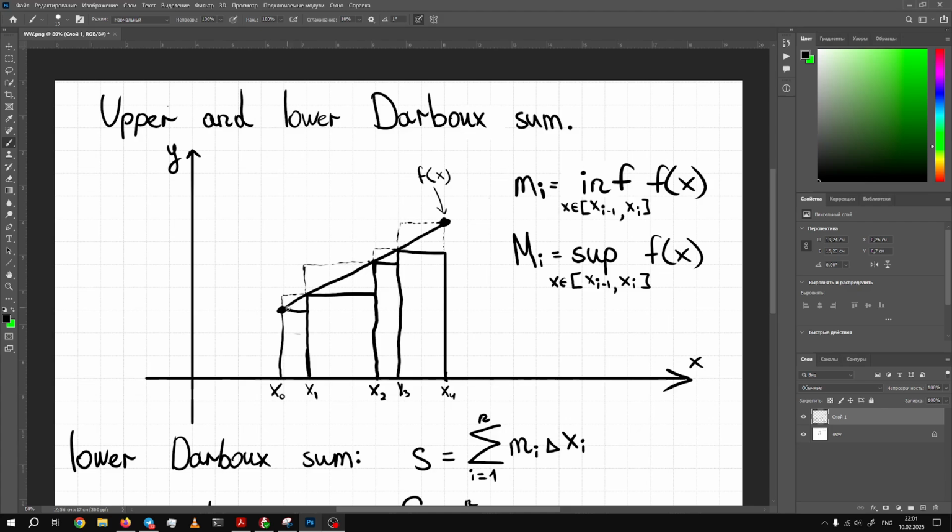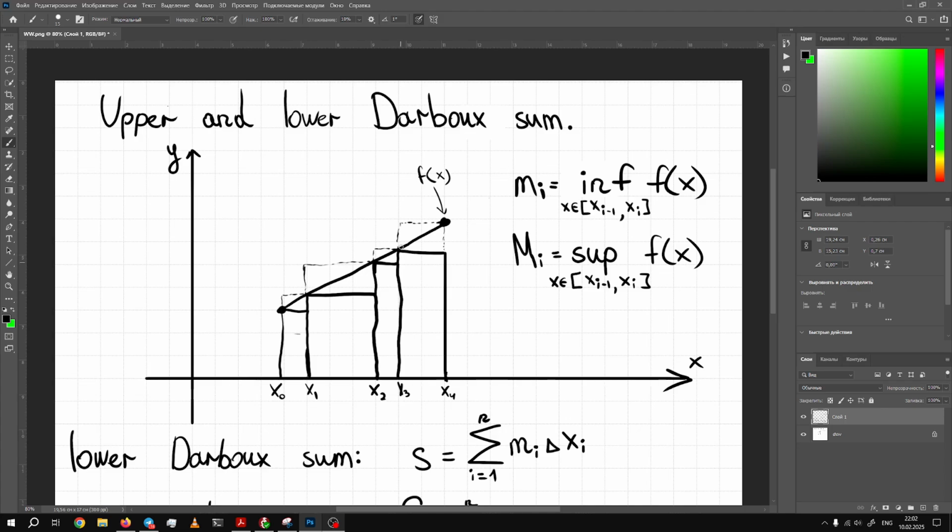It is this point, because it has the smallest value in this interval, and the supremum will be this point. I think it's pretty clear. In the same interval, the highest point is the supremum.